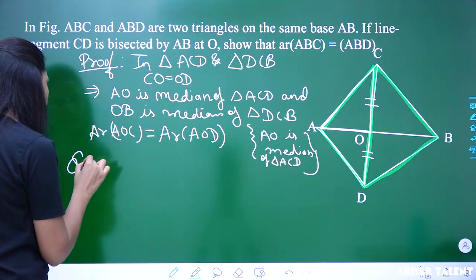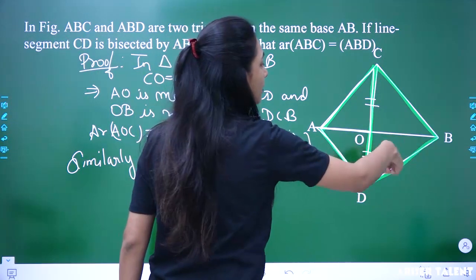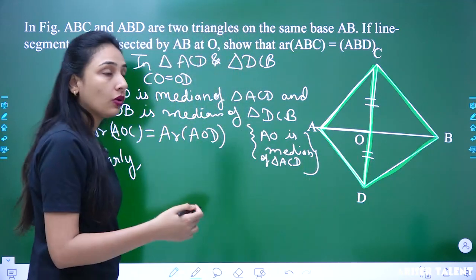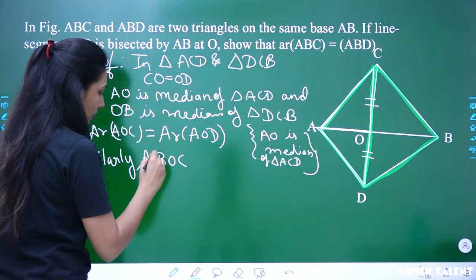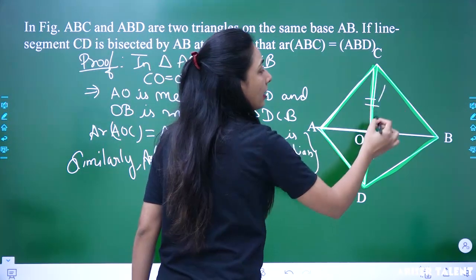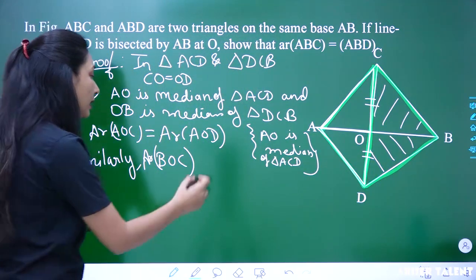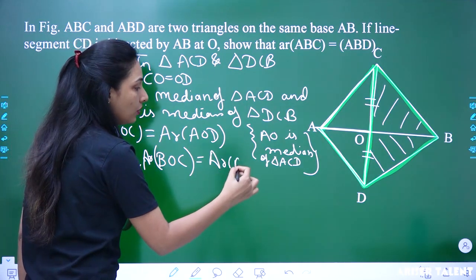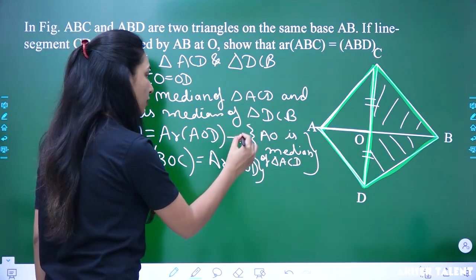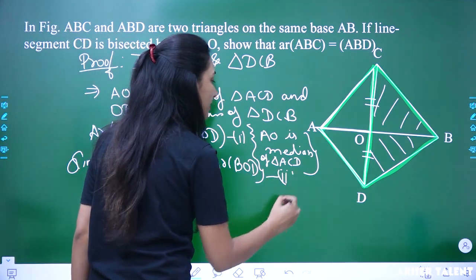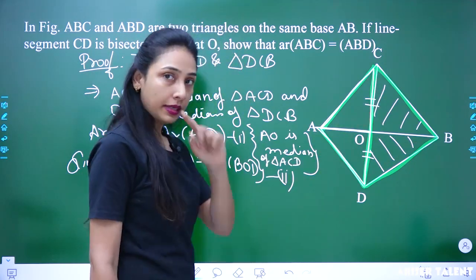Similarly, we can say in this big triangle CBD, this area BOC is equal to this triangle area BOD. Okay, so if this is the first equation, that will be the second, and the reason will be the same, that OB is the median of this triangle CBD, right?